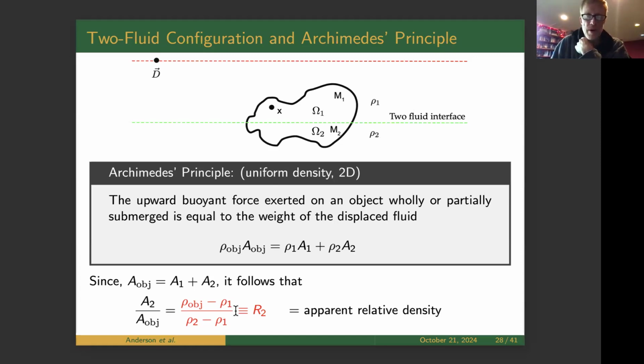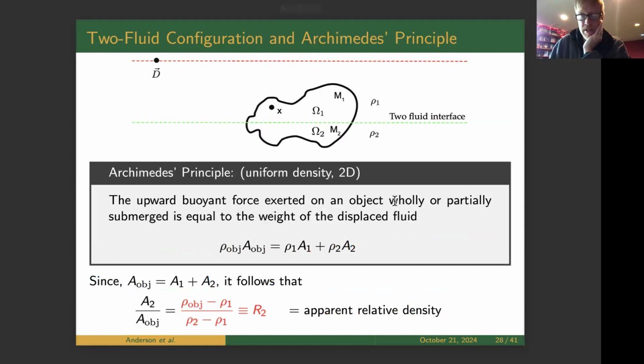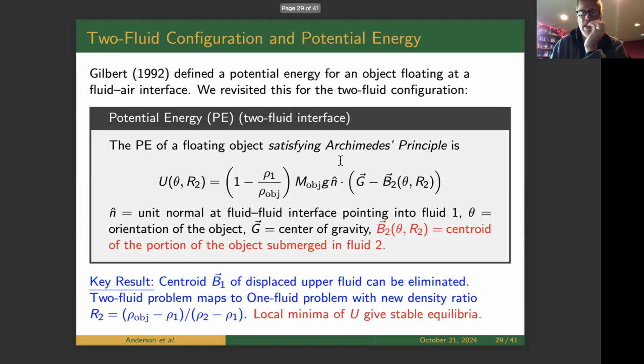We weren't sure if that would work for the potential energy argument, but it turns out, and I won't talk about too many details here, that the previous potential energy involved the difference between the center of gravity and the center of buoyancy of the object. For this object, the center of buoyancy in principle needs to be calculated knowing both fluid regions.